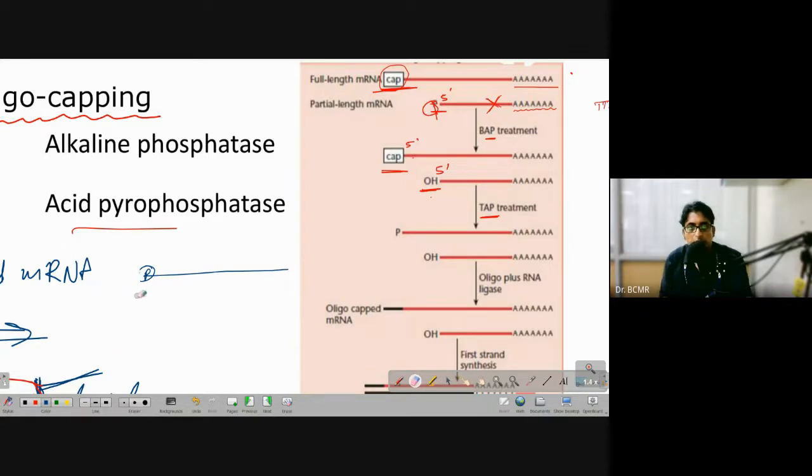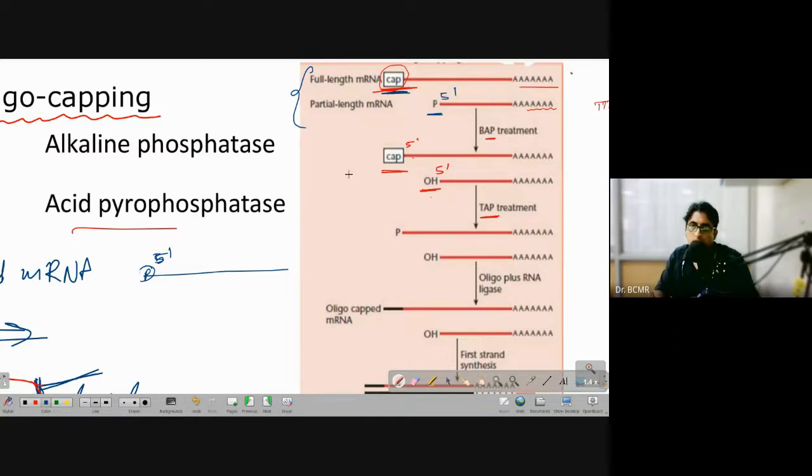What you will be left with is a 5' phosphate. So again, follow it. In these 2 cases, what is the 5' end? In the top one, when it is still at this level, we have a G cap, and this one has a 5' phosphate.